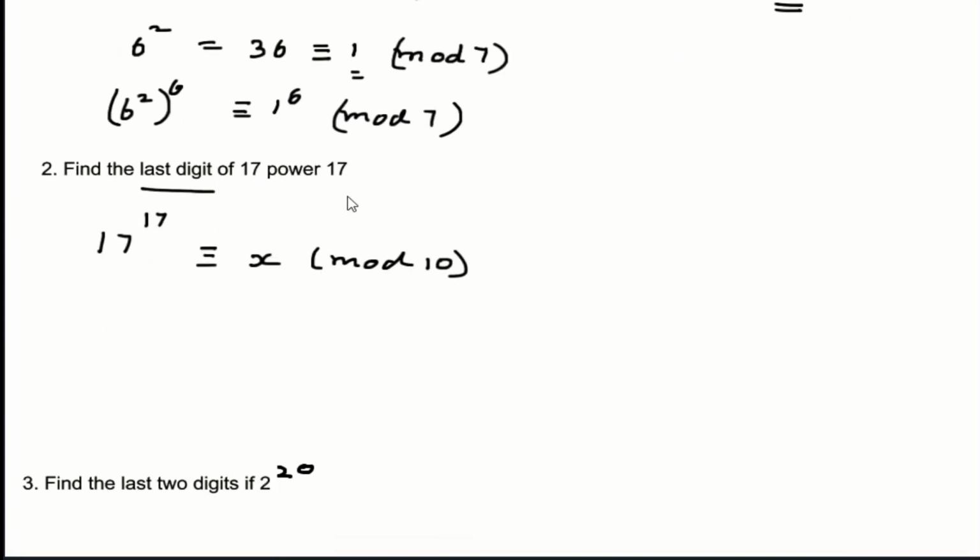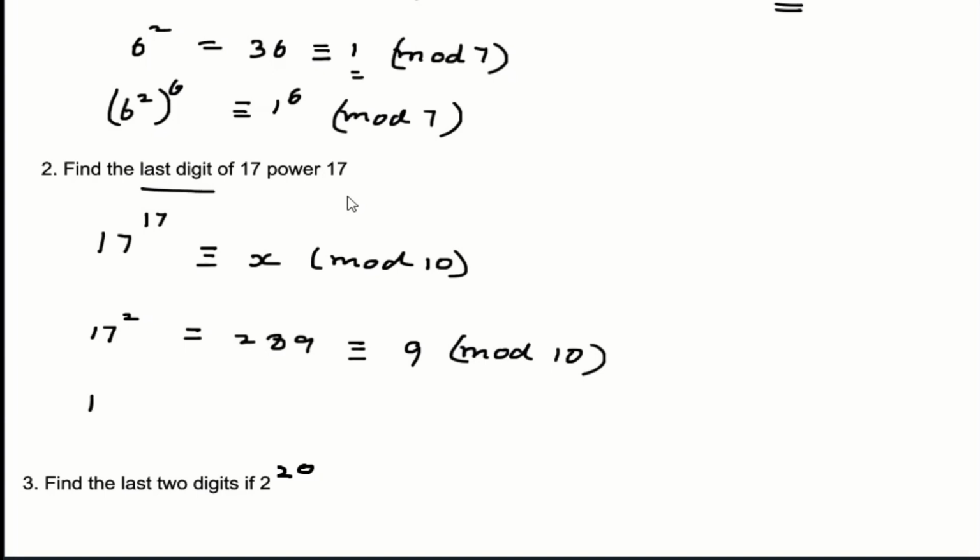Okay, so we'll try to proceed. I know that 17 squared is nothing but 289. I am equating the value here. 289 divided by 10 gives you 9 as the remainder. So it is 9 mod 10. This much I know. Now I am raising it to the power of 2 on both sides.